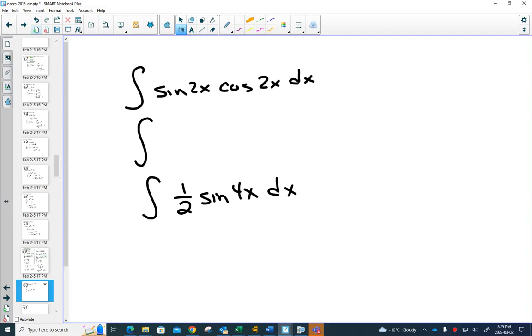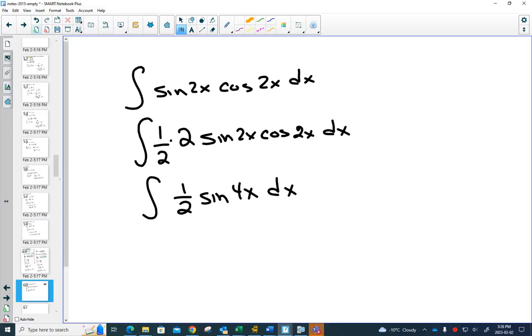The step that I didn't show you is that in front of this sine 2x cos 2x dx, I added a 2 and a 1/2, which does nothing, supposedly. Right? Because if I multiply by 2 and multiply by 1/2 really quickly, I just multiply by 1.